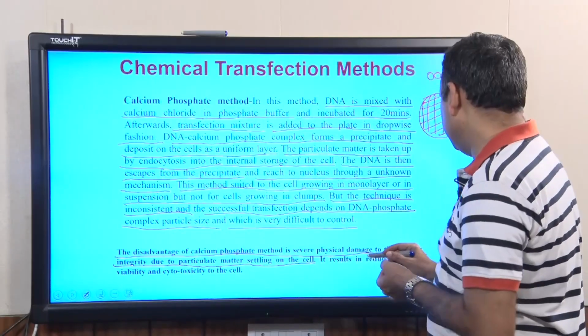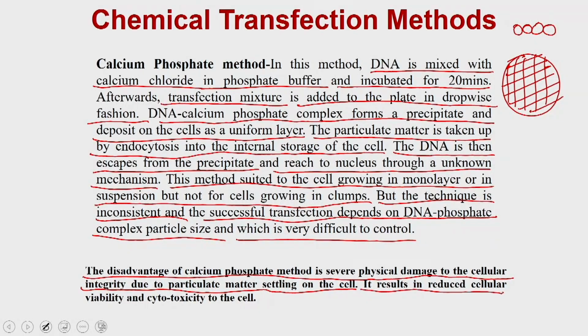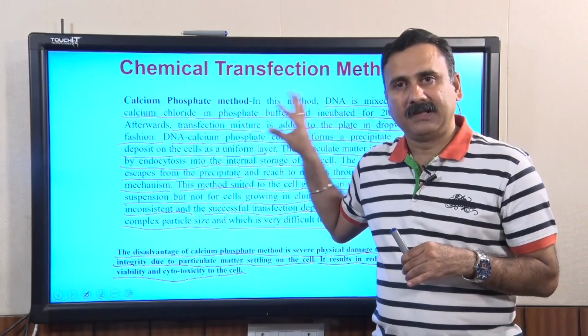At the end it reduces cellular viability and causes significant cytotoxicity to the mammalian cells, and that is why the calcium phosphate method is not very popular for these cells.